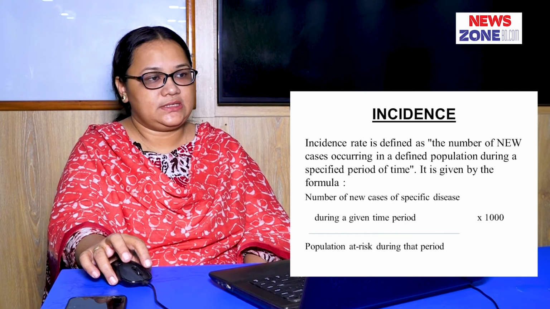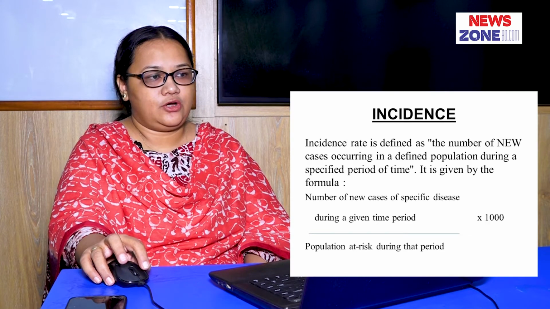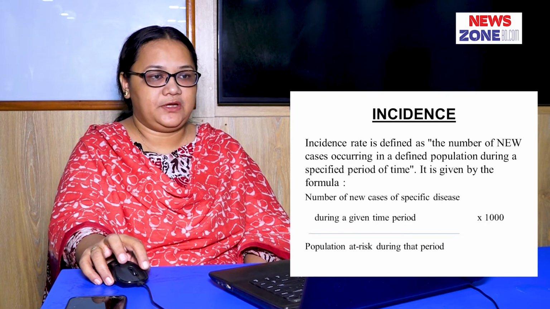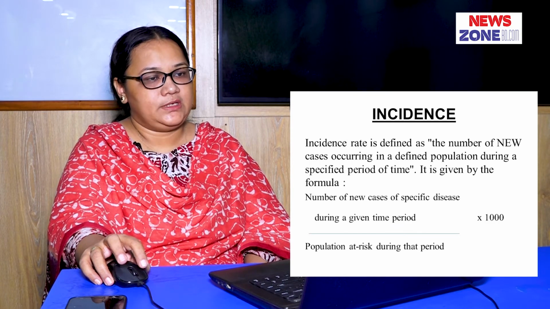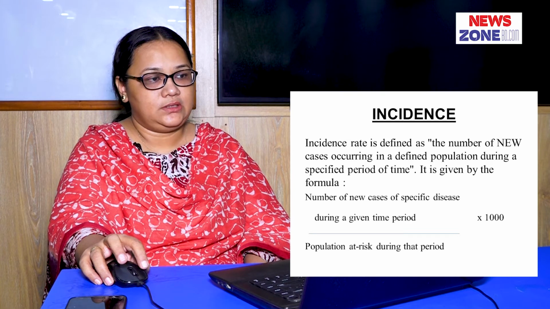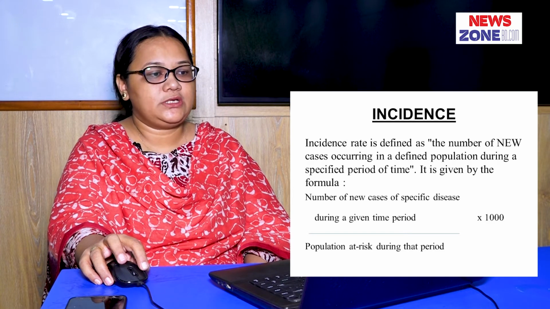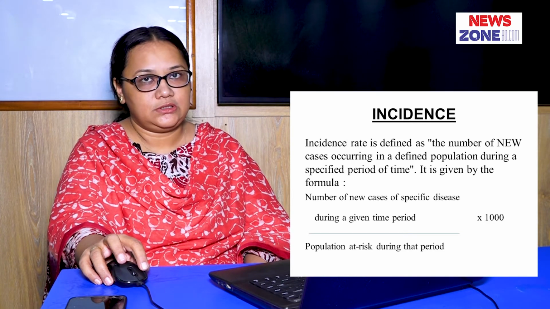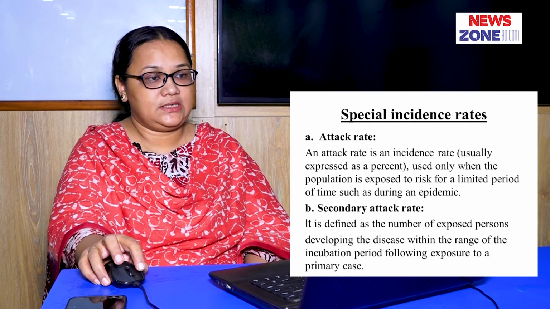Now, what is incidence? Incidence rate is defined as the number of new cases occurring in a defined population during a specified period of time. It is given by the formula: number of new cases of a specific disease during a given time period divided by population at risk during that period, multiplied by 1000. Special incidence rates are attack rate and secondary attack rate.